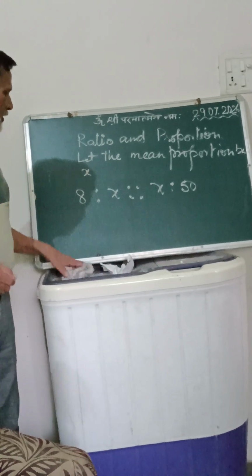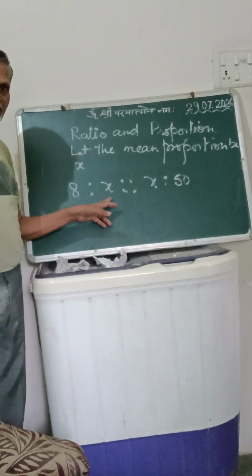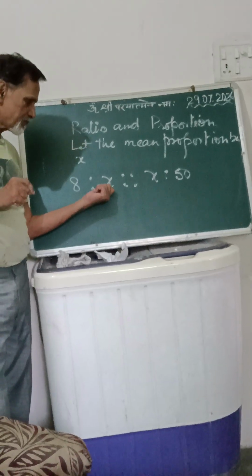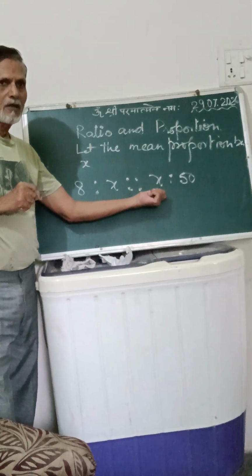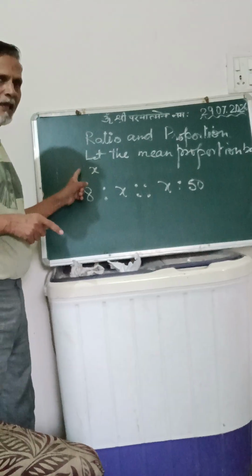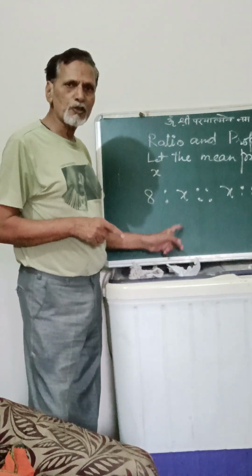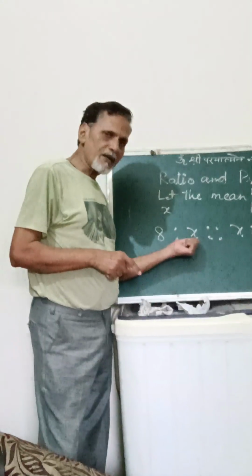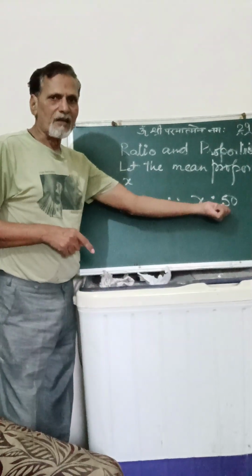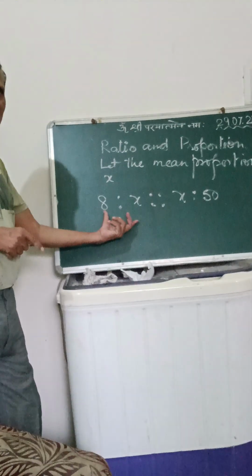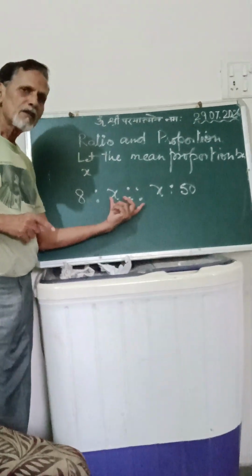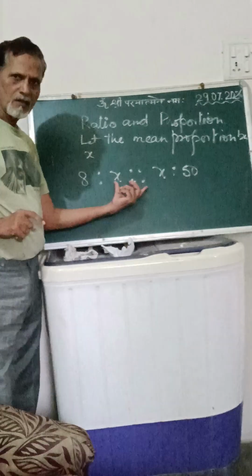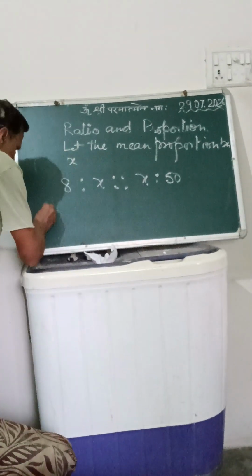I mean, in mean proportion, the number which we find will occupy the place of second and third. In continued proportion, you have read A by B is equal to B by C is equal to C by D. But here, first upon second is equal to second upon third. Out of three numbers, the middle number will be the mean proportion of the first and the third.